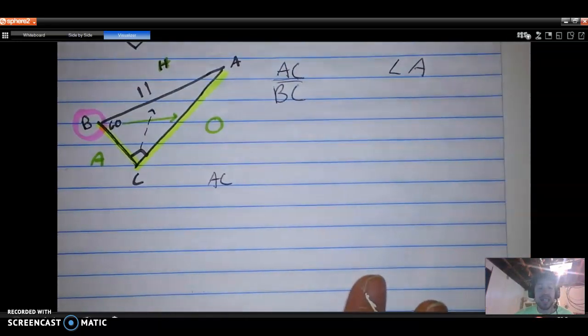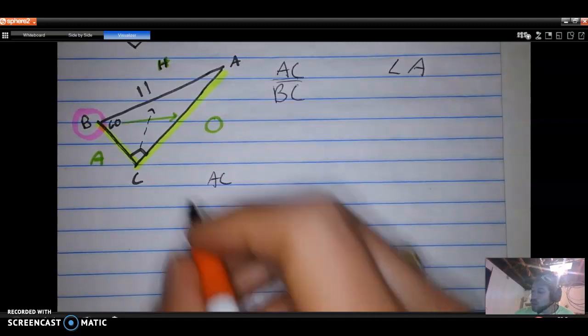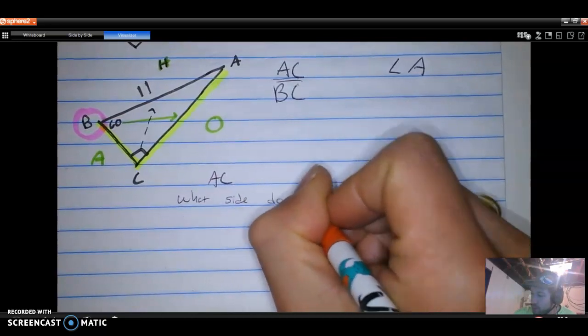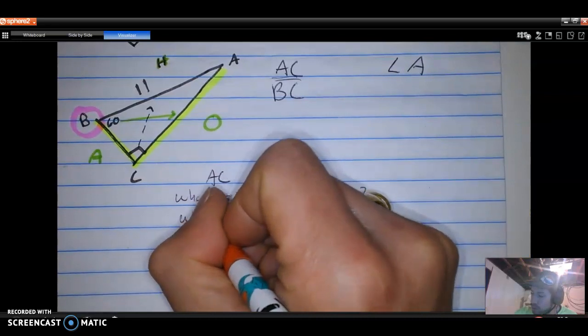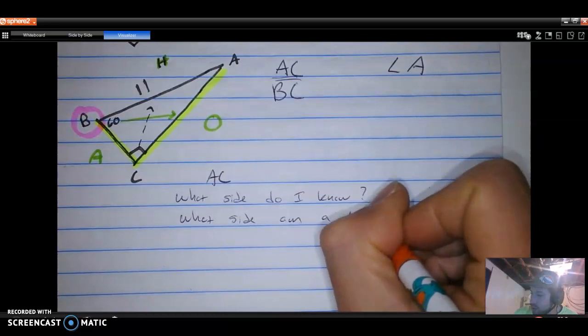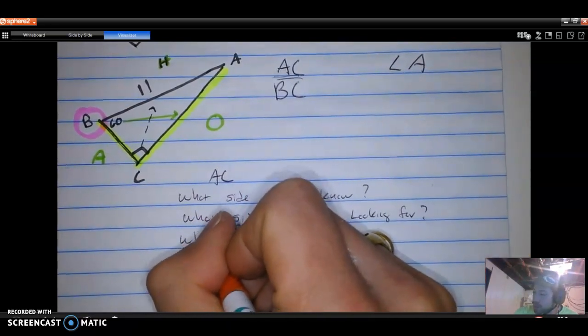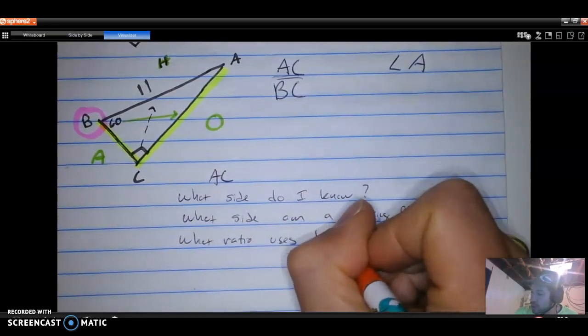Now, the way we find AC is we ask ourselves a series of questions, right? We know we're going to be using a trig ratio. We need to figure out what side do I know? What side am I looking for? What ratio uses both of these?